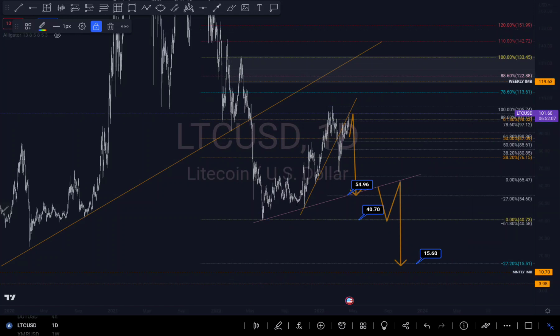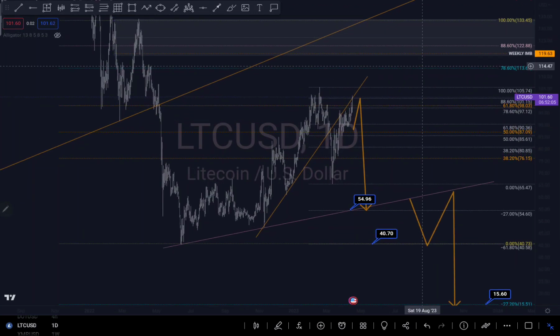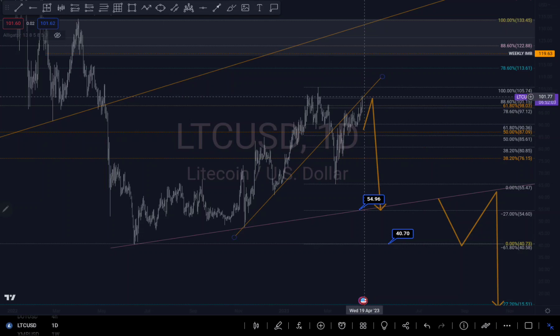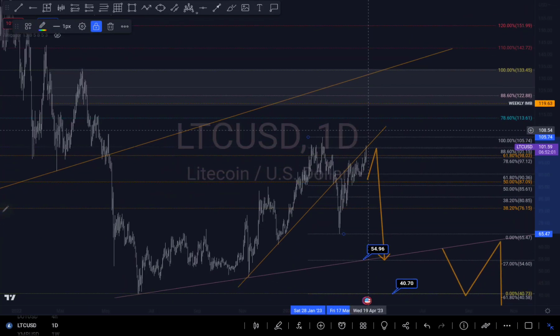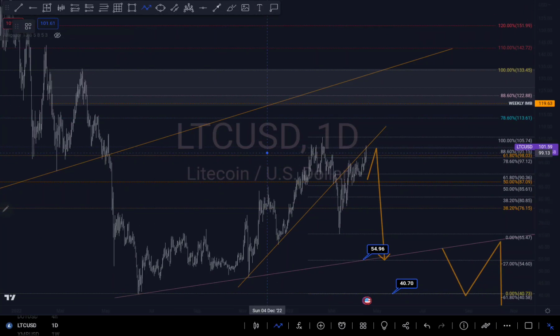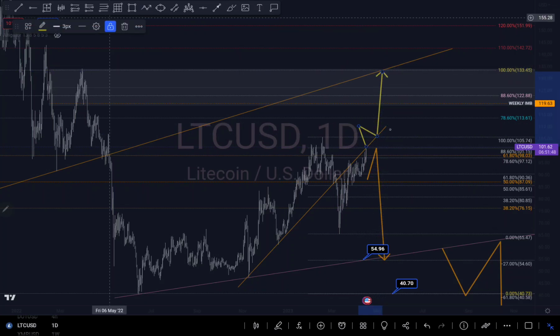So as long as we are still below this right here, we can still go to the downside. If not, there's a possibility that we might push up to this, break the trend line, come here to retest the trend line and retest around that level.